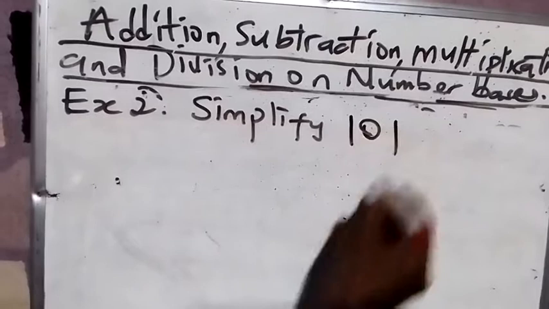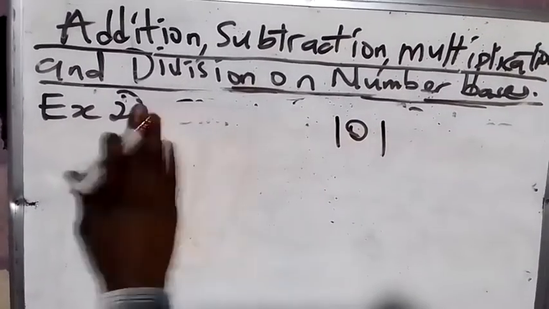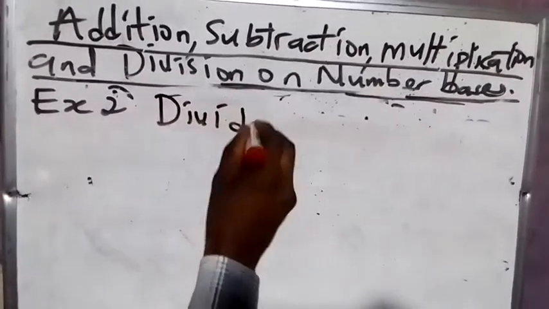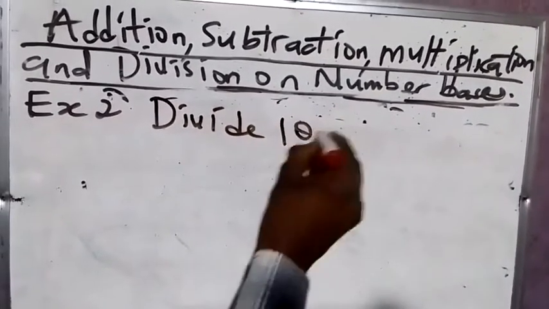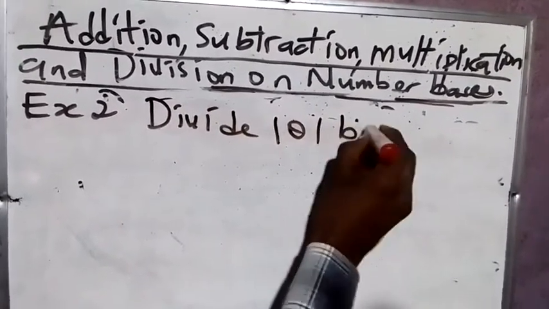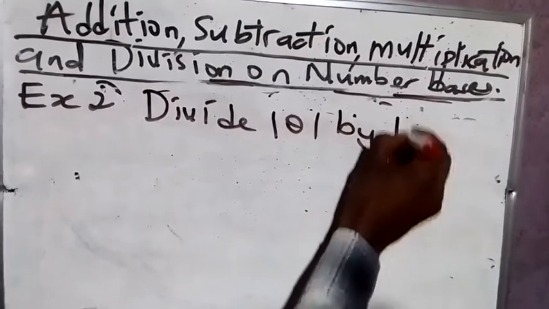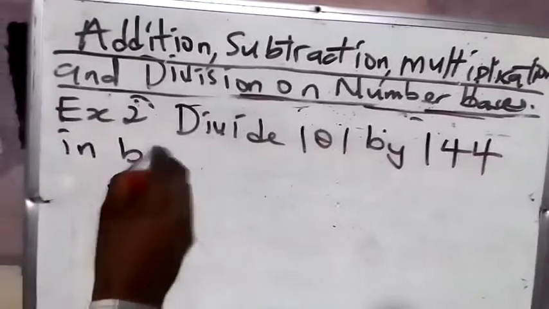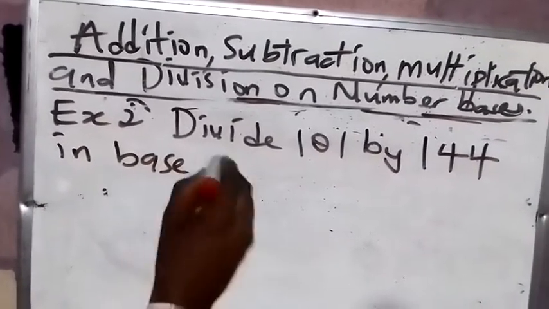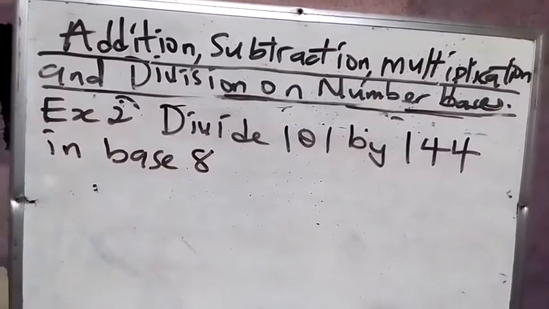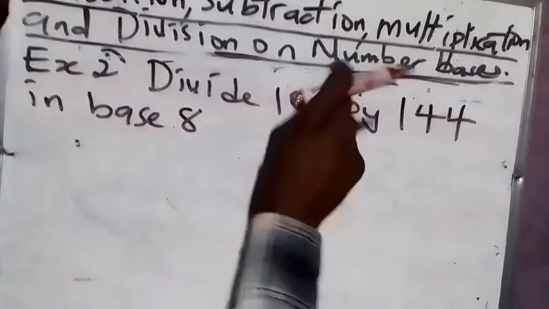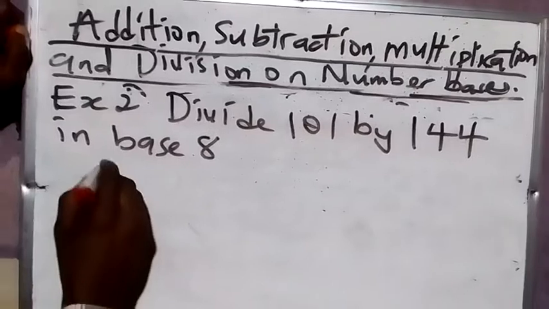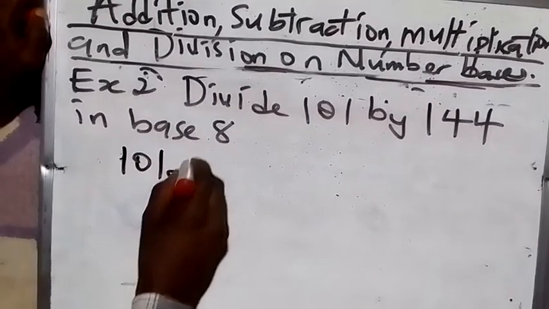Divide 101 by 144 base 8. Like I told you, convert this one to base 10. Convert this one to base 10. That'll be 101 base 8 to base 10.